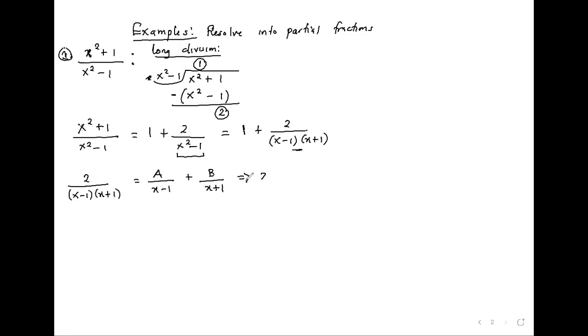So we have 2 is equal to A. So here you just cover this one. When you're on A, you get the denominator of B. And when you're on B, you get the denominator of A. Multiply like that.